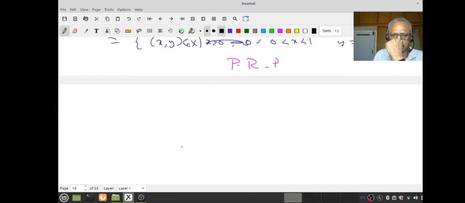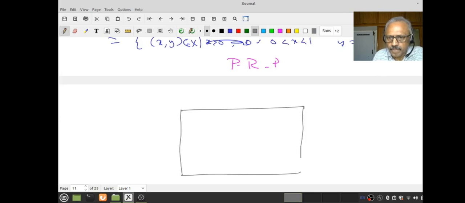Now on the other hand, let me look at something else in the same square. Let me start with a vertical line, x equal to half.